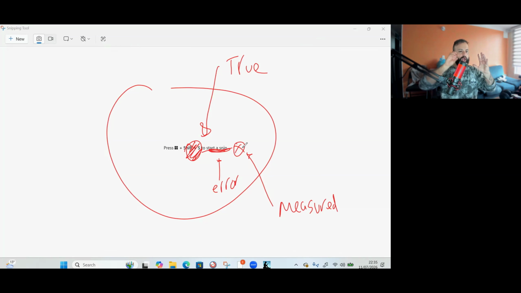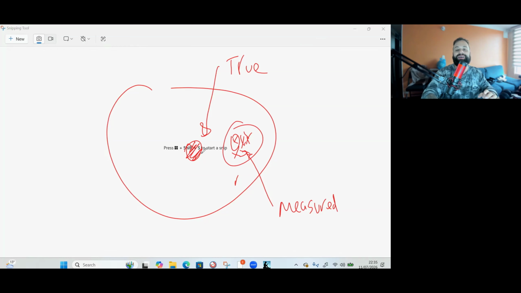So you could have very consistent results, but if you shoot an arrow multiple times and they all land within the same location, they're all grouped together, but they're always going to be far from the true value. The true value is in the bullseye, right?